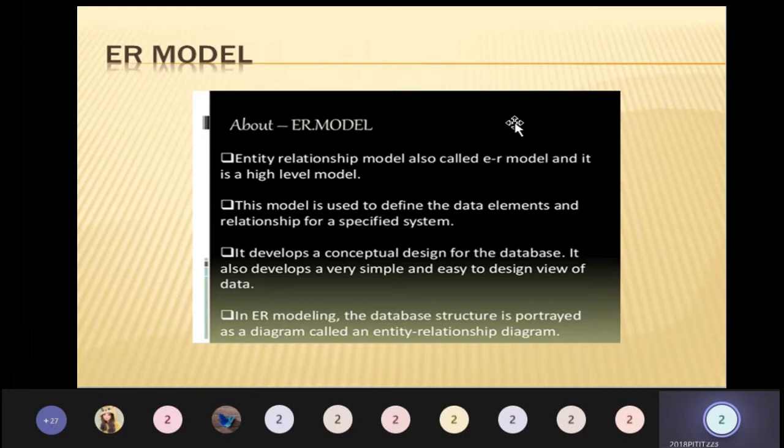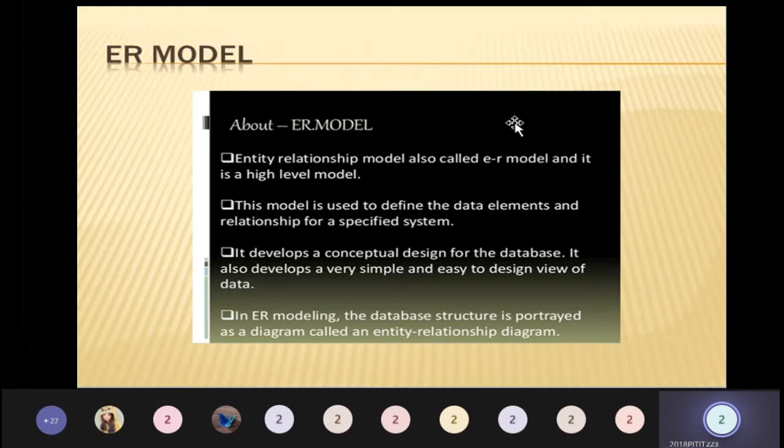The entity relationship model, called the ER model, is a high-level model. This model is used to define the data elements and relationships for a specified system, and it can develop conceptual designs for a database.